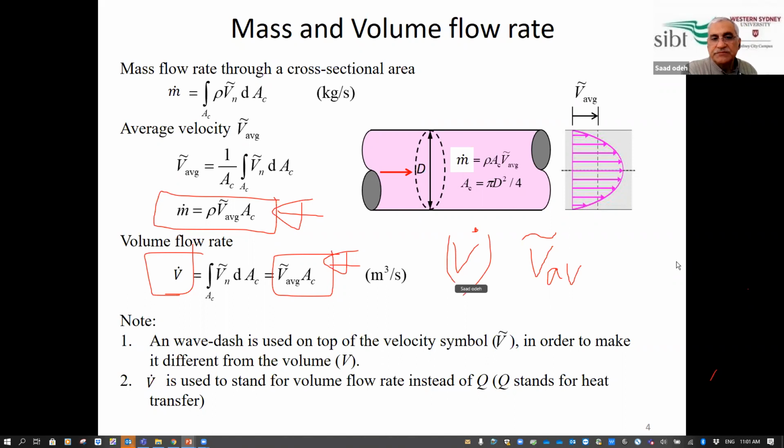So it's better to differentiate them by this. If you put a wave dash on the top of the V, this represents the velocity. If there's a dot on the top of V, this is volume flow rate. Okay, sir. Thank you.